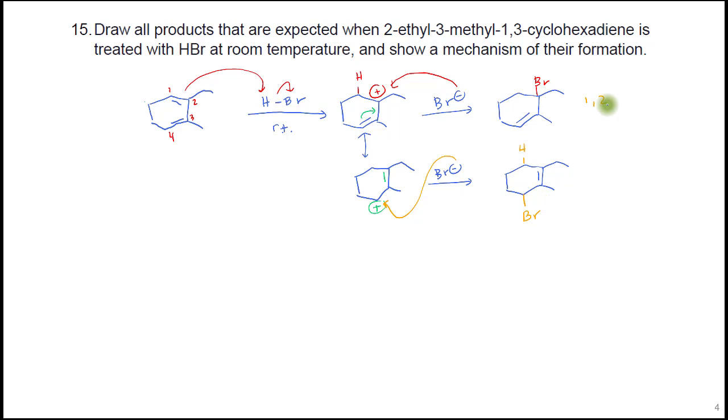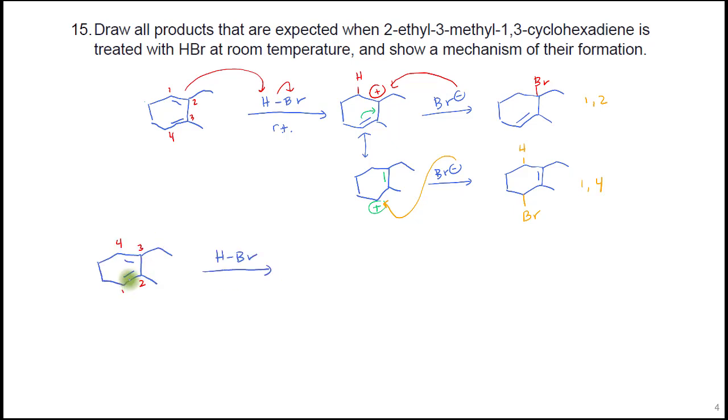So this is the 1,2, this is the 1,4. And of course you can get the products from the other end as well. And that is the result of numbering it in this direction.